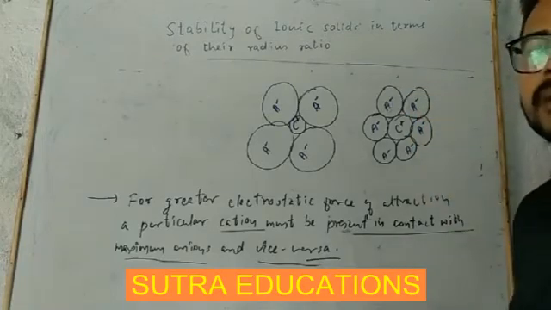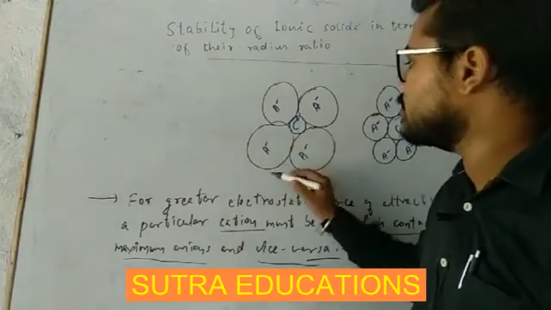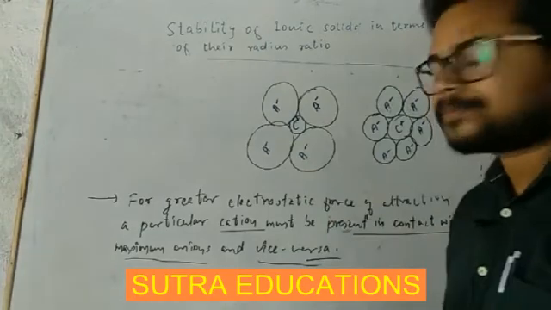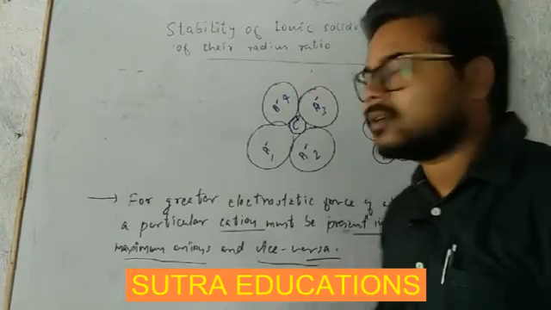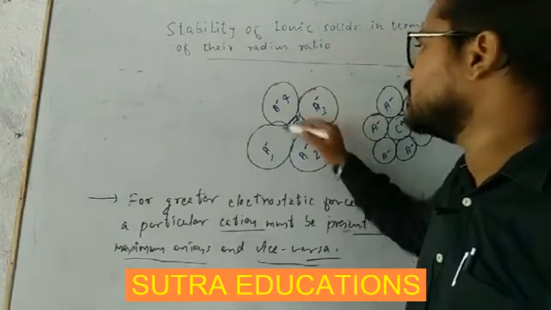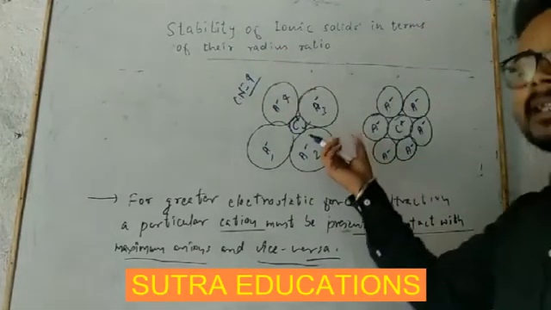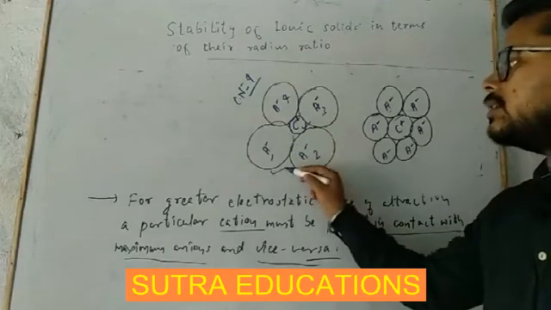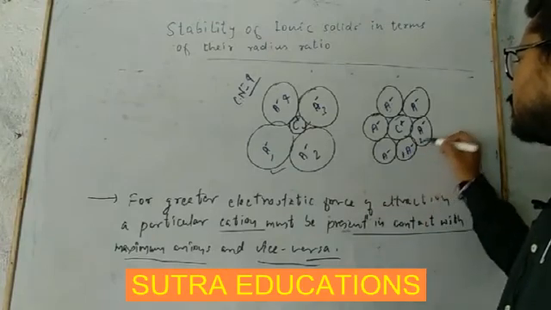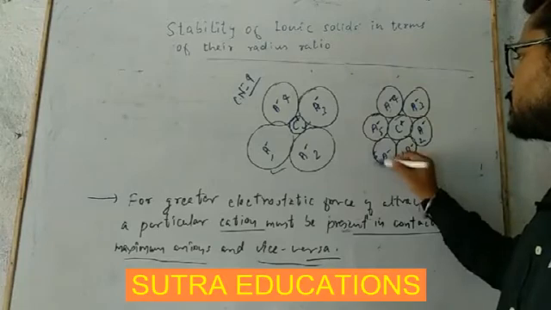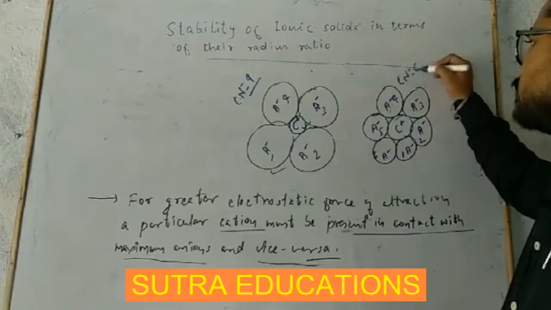So we can clearly see size of anion is more in this case, and that's why only 4 anions are surrounding one cation, means in this case coordination number is equal to 4. But in this case size of anion is small, in comparison to this size of anion is smaller. So we can see 1 2 3 4 5 6 anions are surrounding one cation. So here coordination number will be equal to 6.